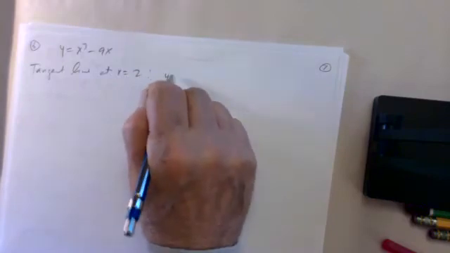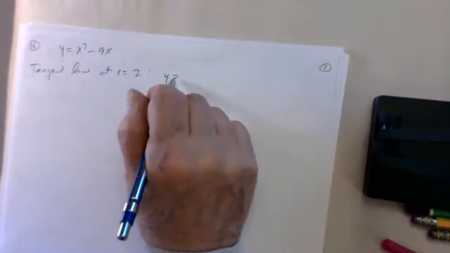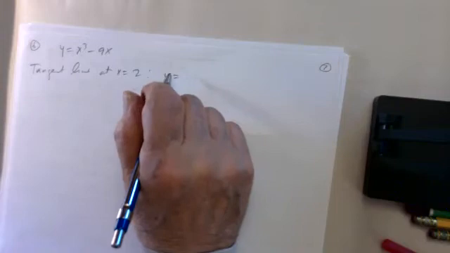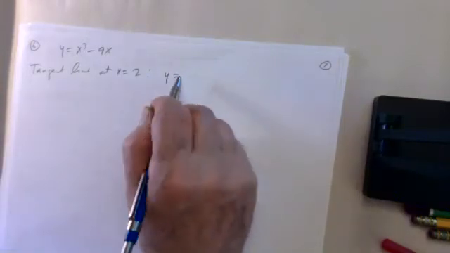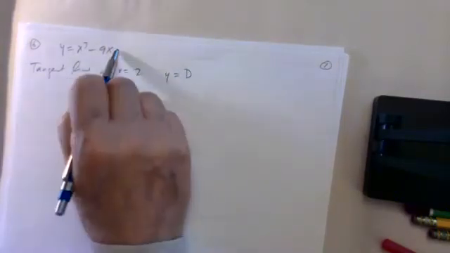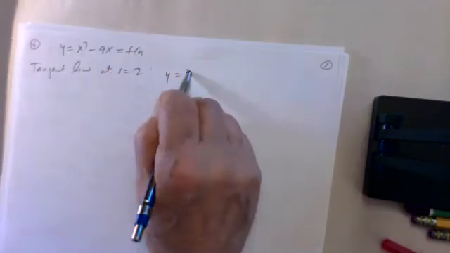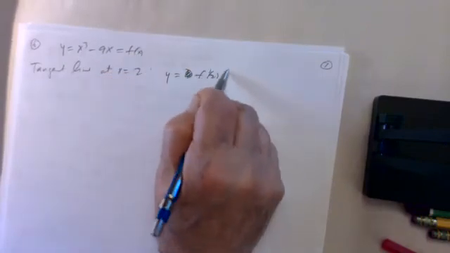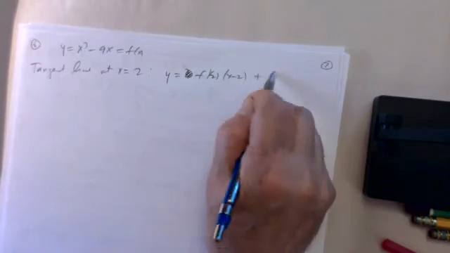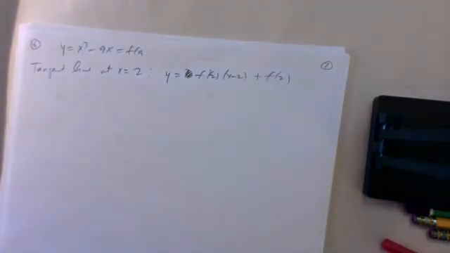So that'll be y is equal to the derivative of the function. Let's see. Suppose I call this function f of x. It's going to be equal to f prime at 2 times x minus 2 plus the value of the function at 2.